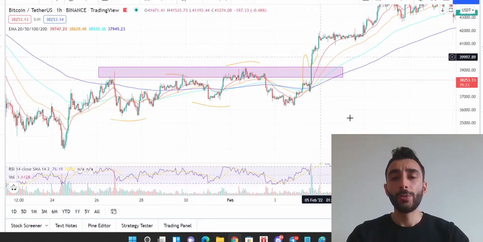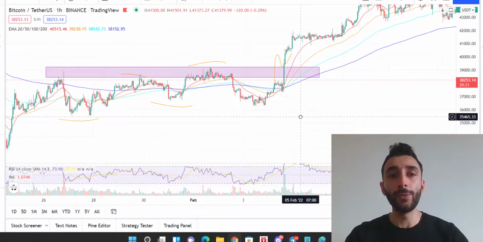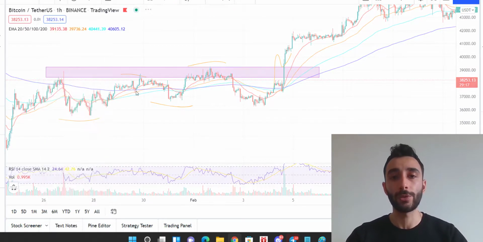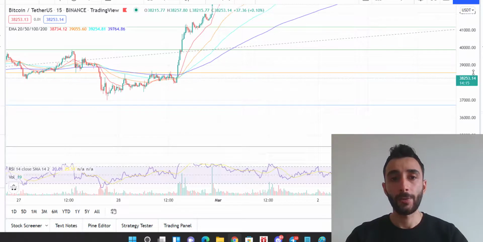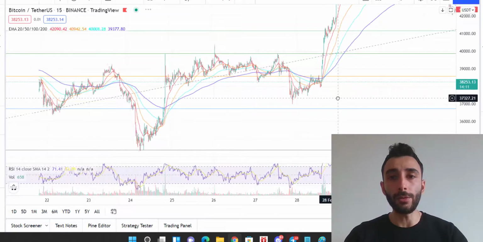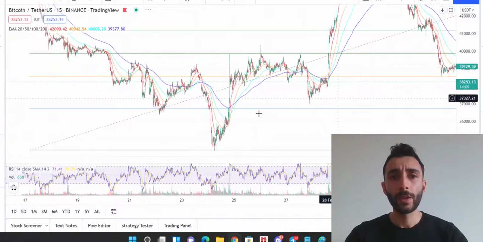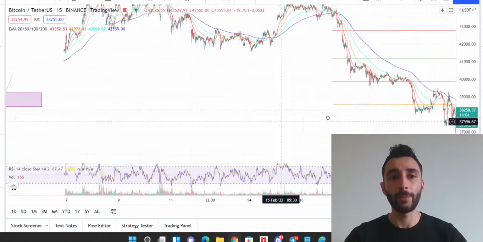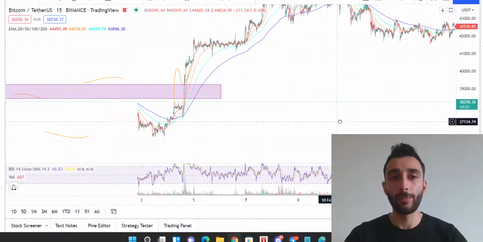Or what we can wait for is a full green candle on the 15-minute chart. So moving on to the 15-minute chart. If you are trading the zone, you're going to wait for a 15-minute candle closing above this level.